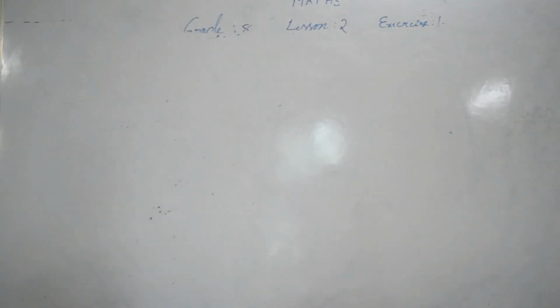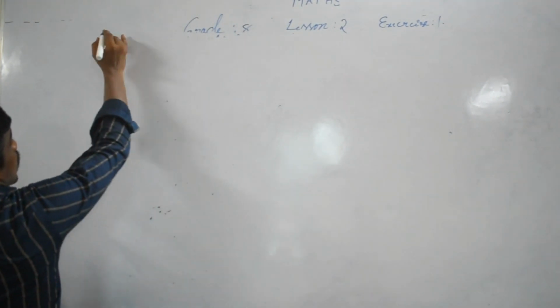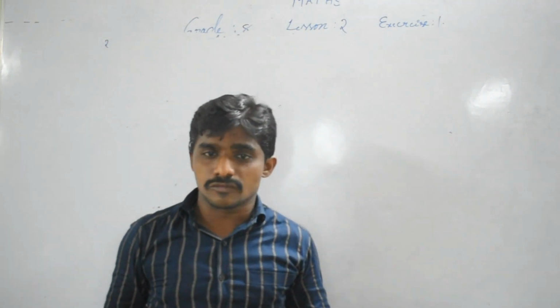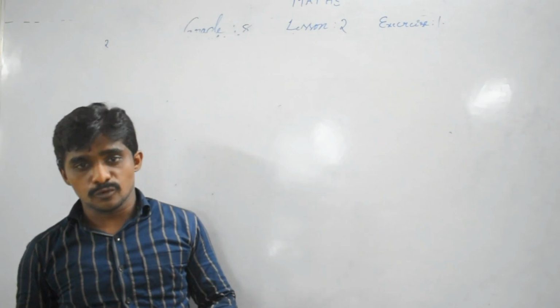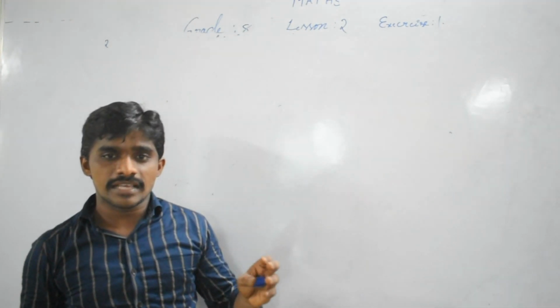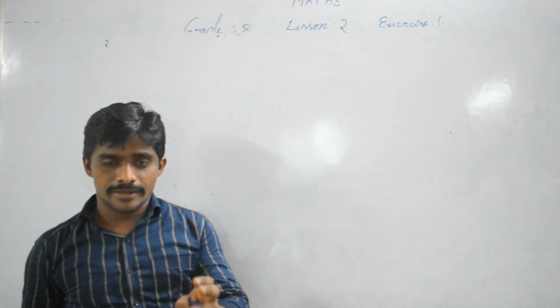One number exceeds another by 5. Find the numbers. Sum means adding: adding the two numbers, we get 29.